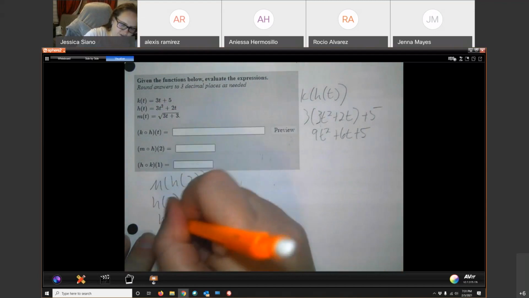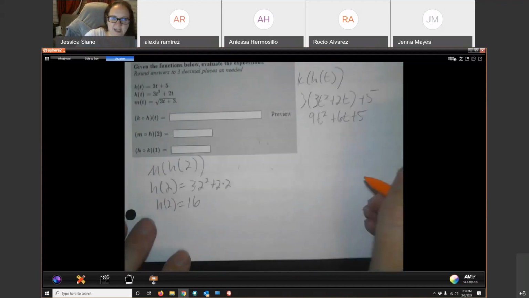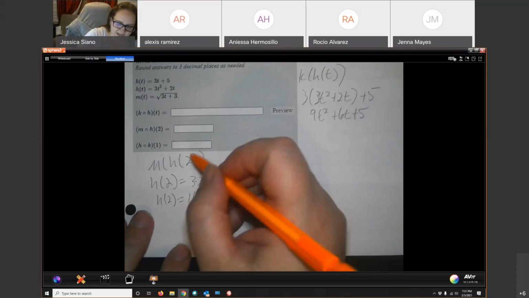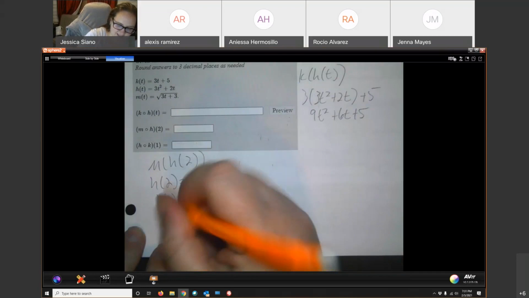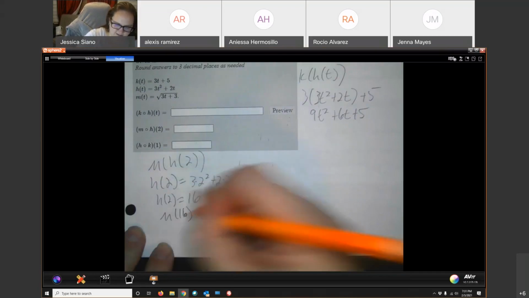So if h of 2 is 16, then that means I can replace this h of 2 with a 16 and make this m of 16.